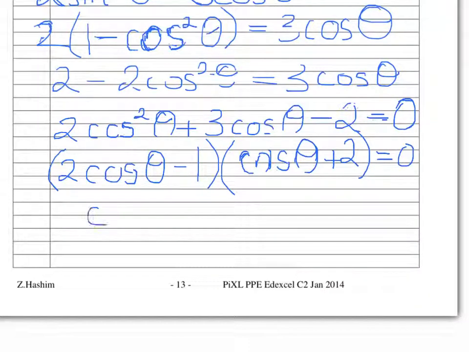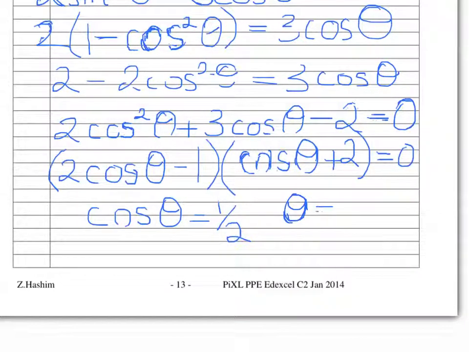So cos theta equals a half from the first bracket. The second one would give me cos theta equals minus 2. But cos theta can't be bigger than 1, so that's not going to give me any solution, so I won't bother writing that down. And then I can use my calculator, or remember that theta equals 60 degrees. But I'm not done there.